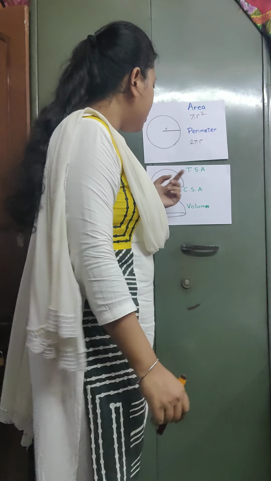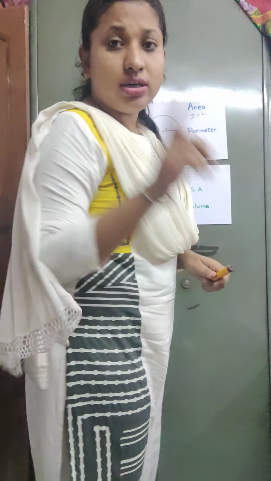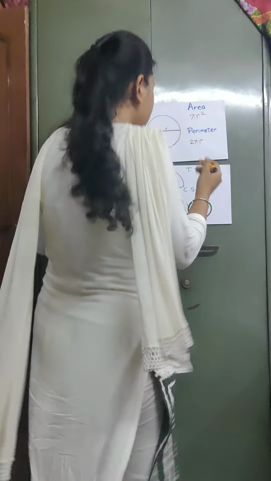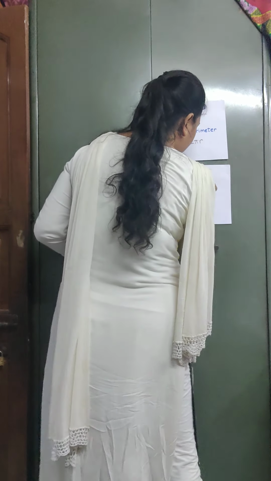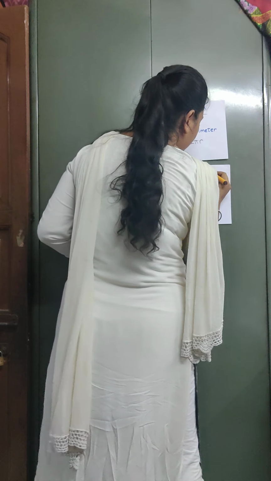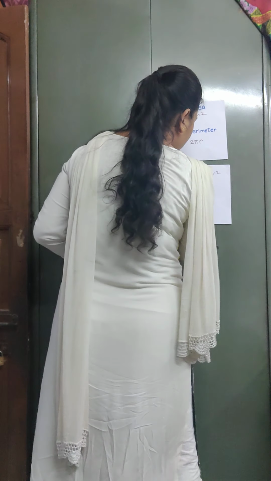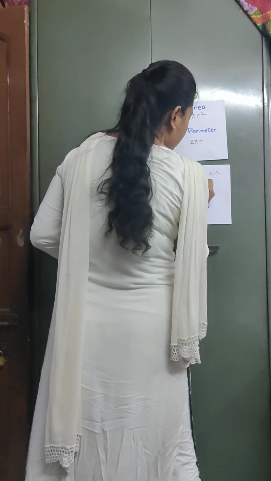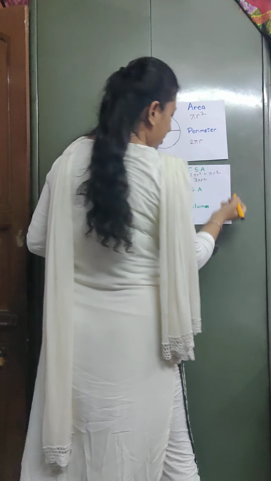So the total surface area of a hemisphere with the covering is 2 pi r square plus pi r square, so is equal to 2 plus 1, 3 pi r square.